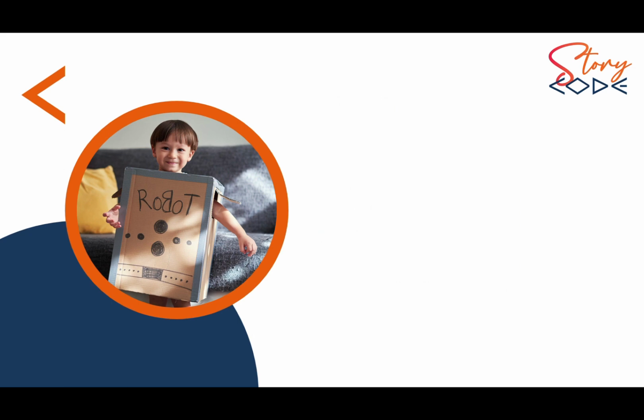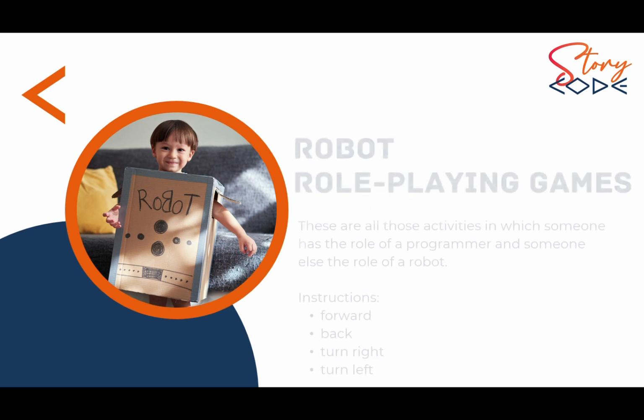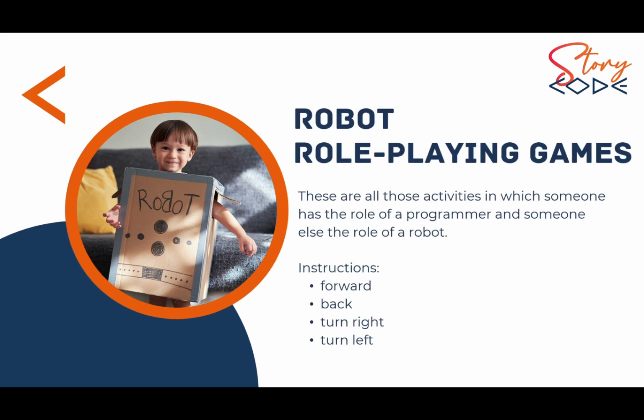Another activity, the last one, is robot role-playing games. For example, the activity that we just saw falls more generally under this one. These, in fact, are all those activities in which someone has the role of a programmer and someone else the role of a robot.